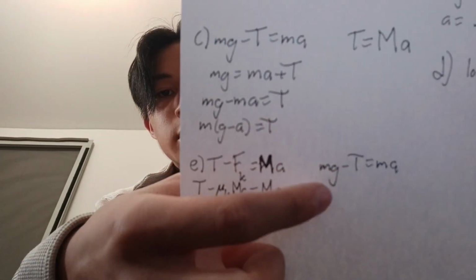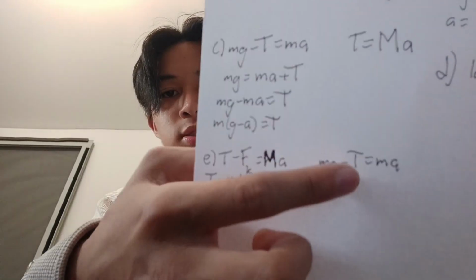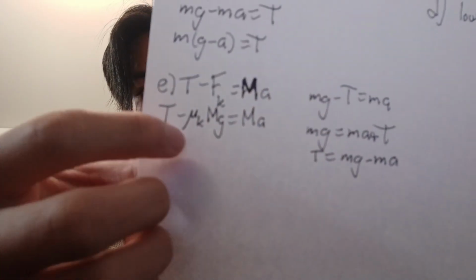So we want to get rid of this tension, and we have this equation. So we just solve for tension here and then plug it back in here. We get that, right, and then just put it back in here.